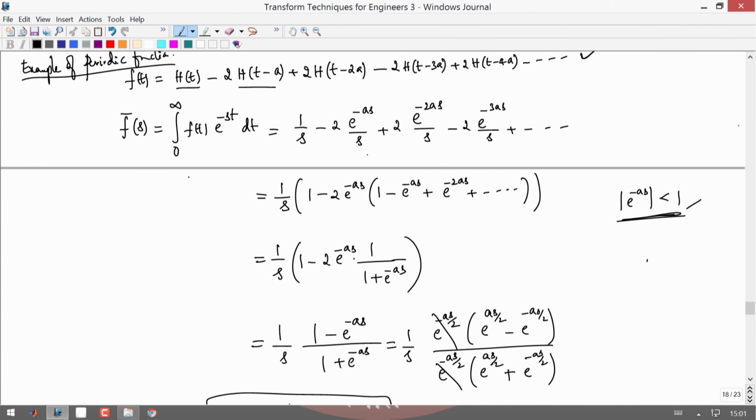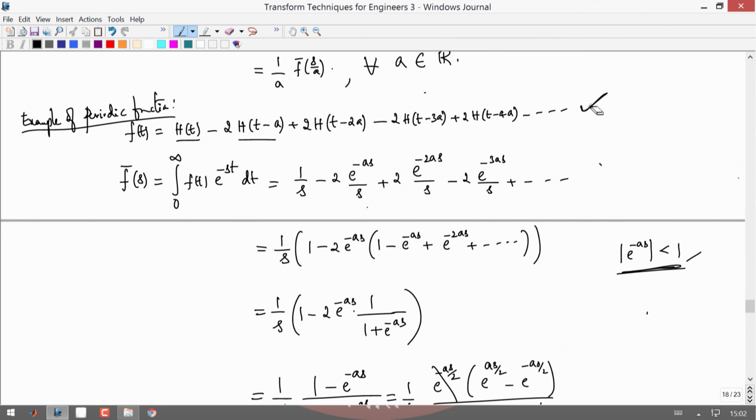If that is the case, once this is uniformly convergent, you can do the term by term integration. If you see that this series is uniformly convergent, you can see that this is actually true because it is a periodic function with period 2a.